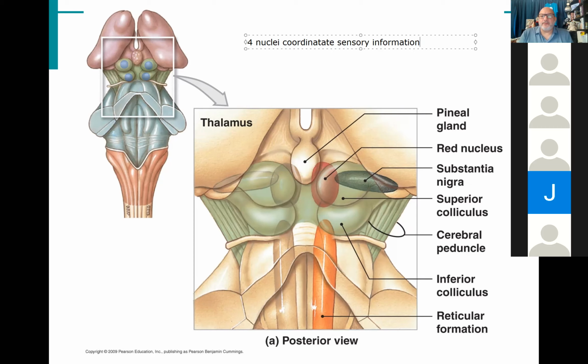But here's the problem. My eyes move. I can see the camera and the light from the camera is hitting my eyes right now, but I have the ability to turn my eyes. And as I turn my eyes, the light from the camera is hitting a different part of my eyes. And I can move my head. As I move my head and I move my eyes, that light from the camera reaches a different part of my eye. So for me to know where that camera or where that glass of water is in space, I need to be able to do two things.